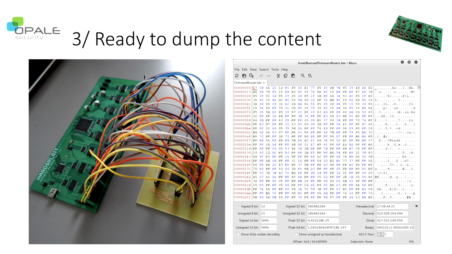If you want to connect each wire, you can use Hardsploit for each wire. It's very interesting when you need to connect about 60 or 64 bits. So we were able to dump the content.